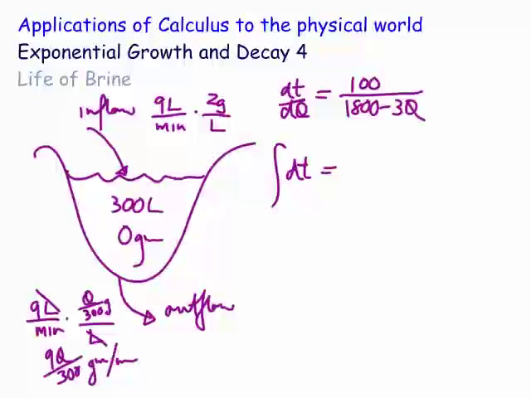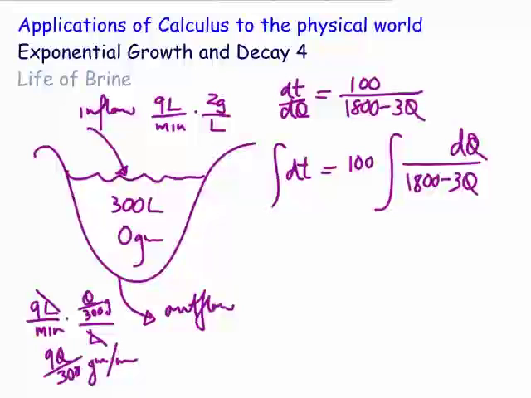Let's take out the 100, and we get the integral of 1 over 1800 minus 3Q, dQ. You might remember logs. We do need a minus 3 here so that it turns into a log, so we need to divide by minus 3 at the front.